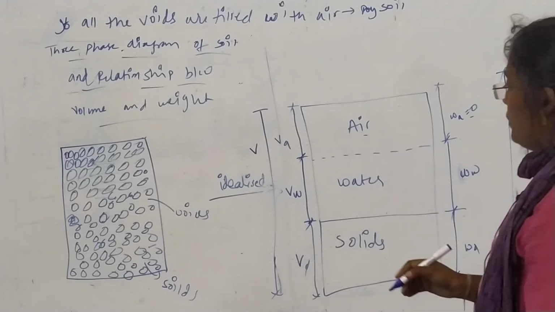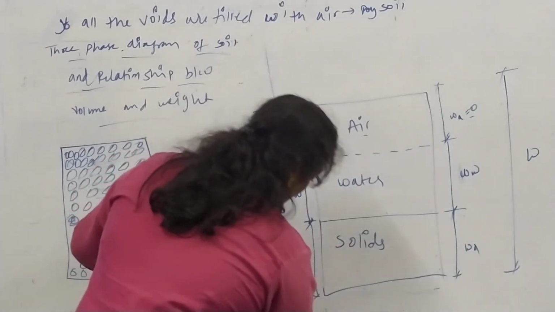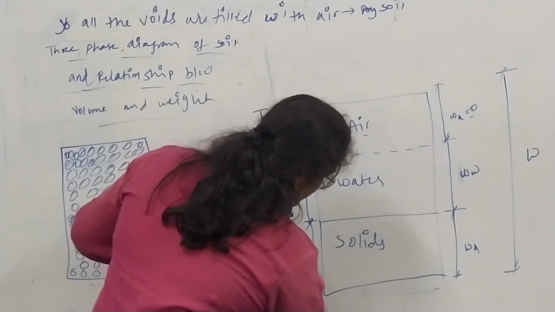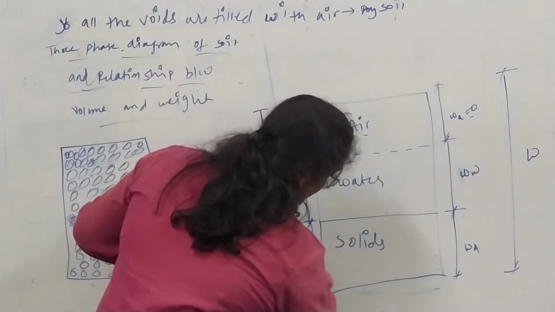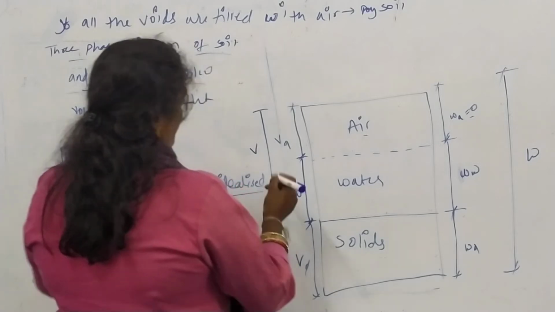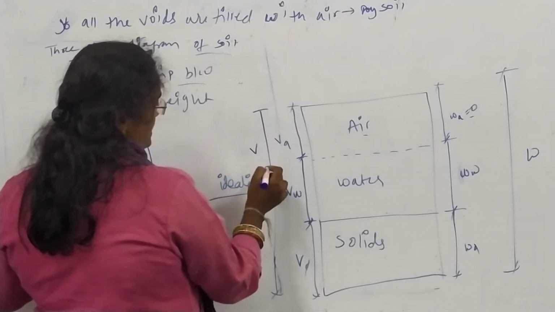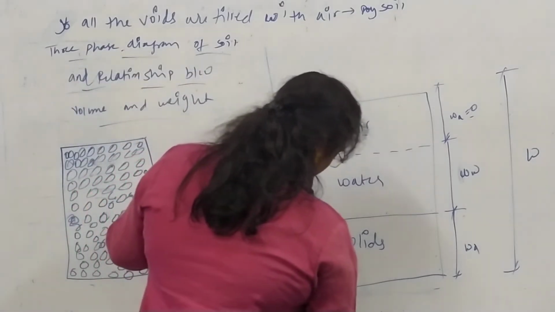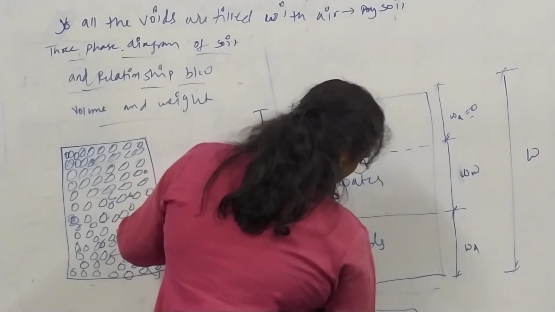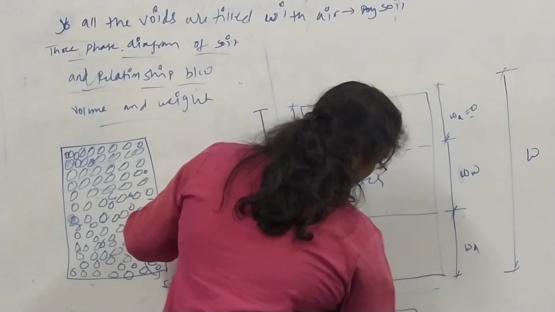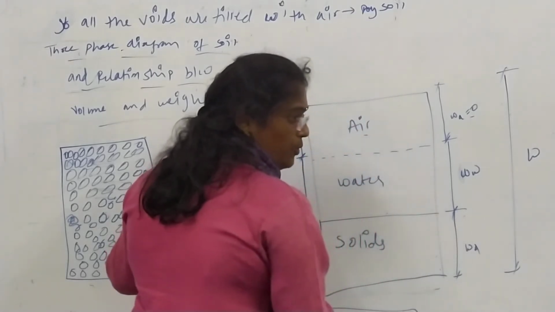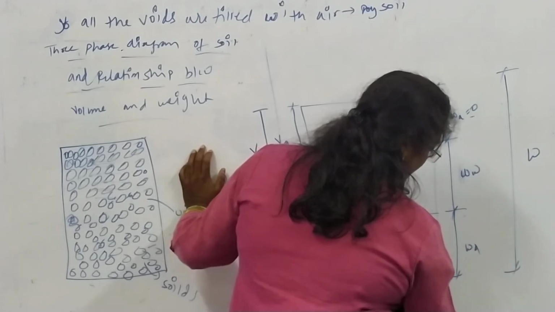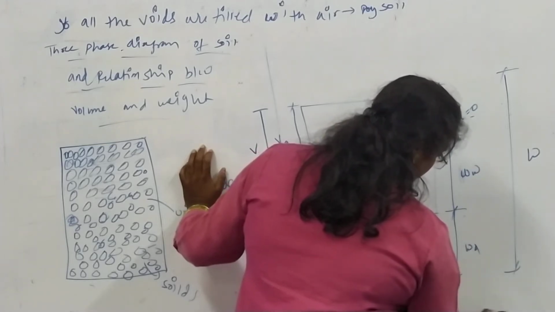So what will be the formula here? V is equal to VD plus VW plus VA. I have already told you the volume of voids will always be equal to the volume of water plus the volume of air.